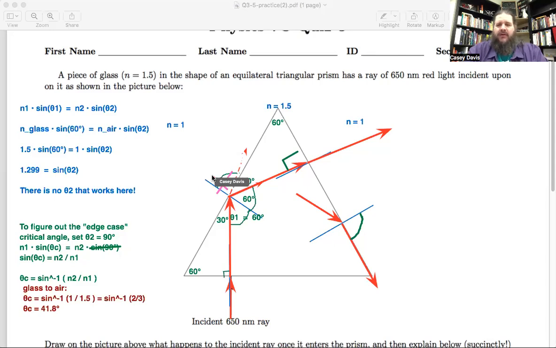Any other questions on reflection or refraction so far? Or any other examples you'd like to try out?